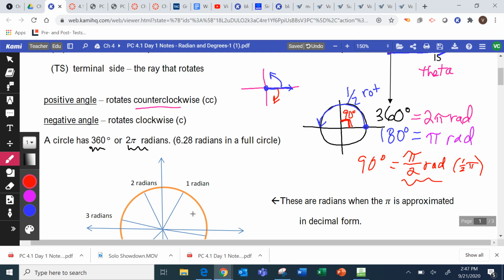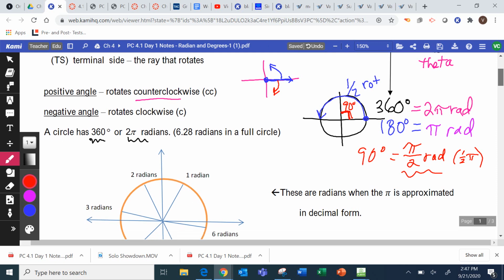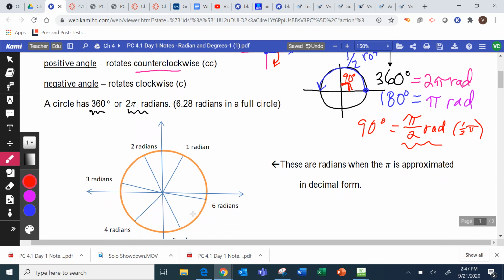So we need to understand the conversion between these two. Now, I can type pi in my calculator, or I can type 2 pi in my calculator. If I typed 2 pi in my calculator, it's going to be an irrational number. It's going to go on forever. But if I just rounded it, it would be approximately 6.28. So all the way around the circle is approximately 6.28 radians, which is 2 pi radians.